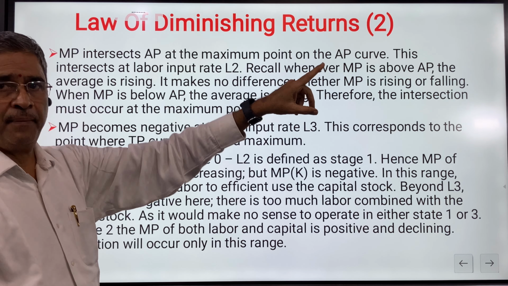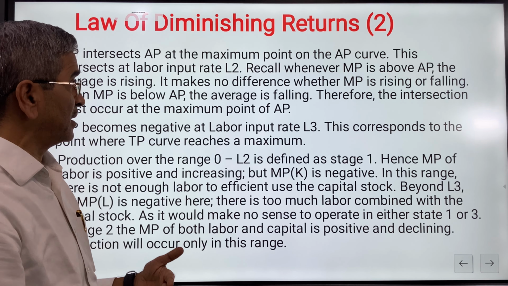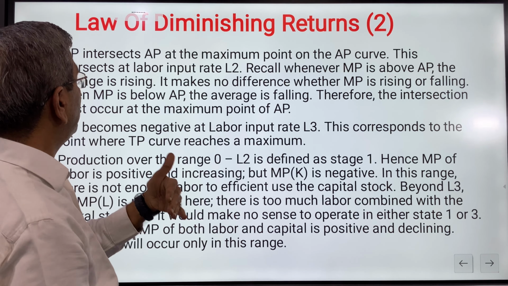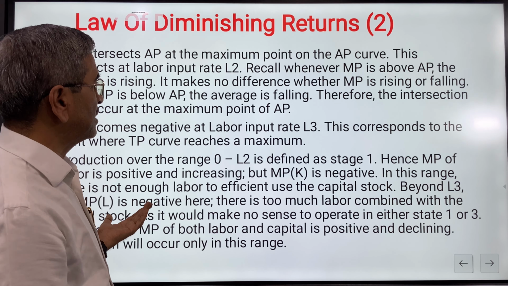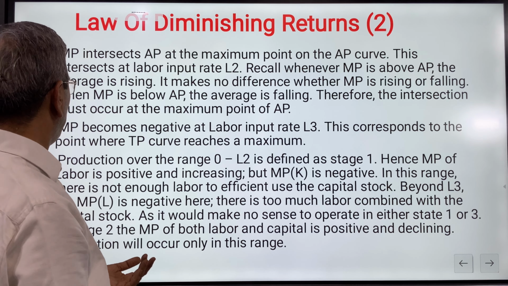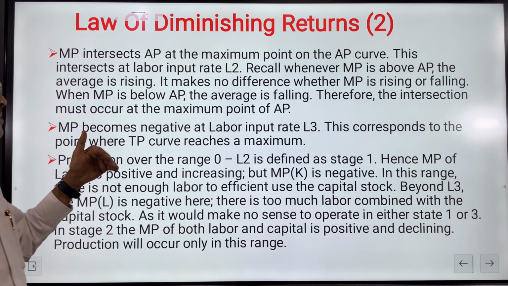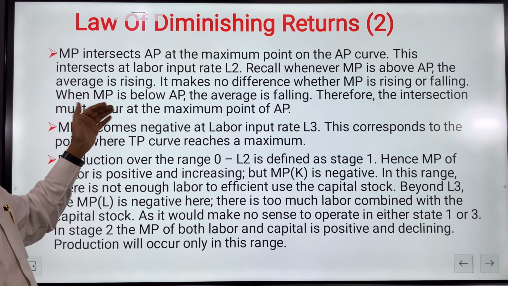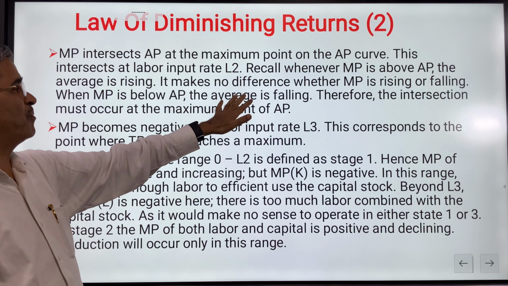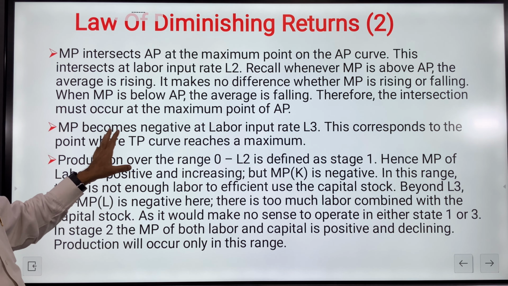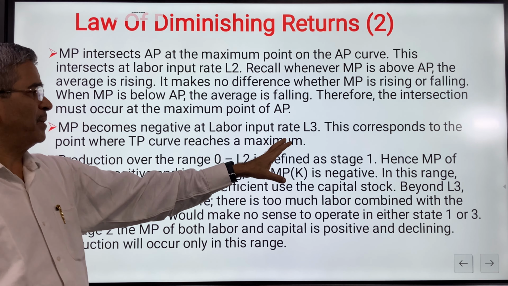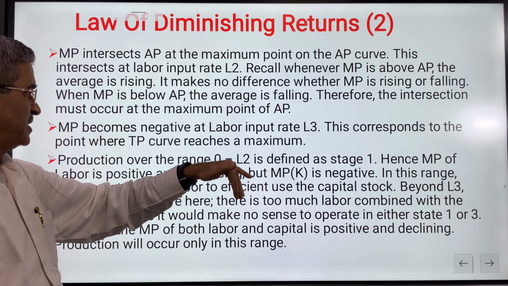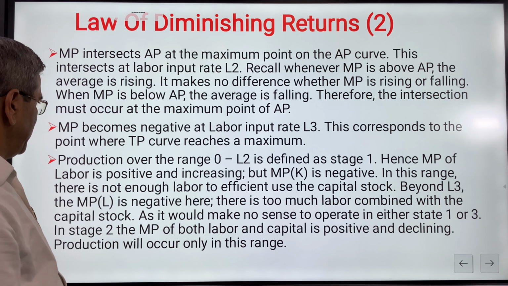Recall, whenever the MP is above AP, the average is rising, and it makes no difference whether marginal productivity is rising or falling. When the MP curve is below AP, the average is also falling. Therefore, the intersection must occur at the maximum point of AP, and MP becomes negative when the labor reaches L3. This corresponds to the TP curve also reaching maximum and starting to fall.